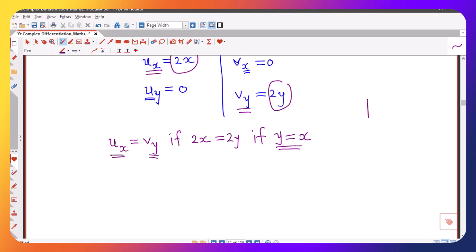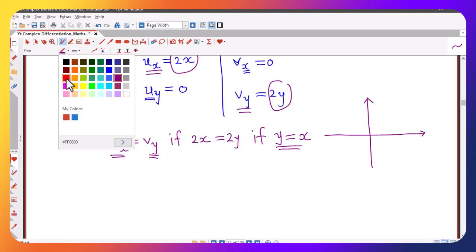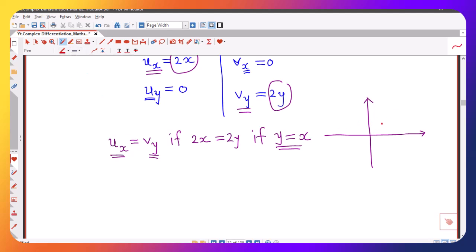Or we can visualize it geometrically also. y equal to x represents the straight line passing through the origin with an angle of 45 degrees with the positive x-axis. So suppose this line represents y equal to x, then this equation is satisfied at all the points on this line.